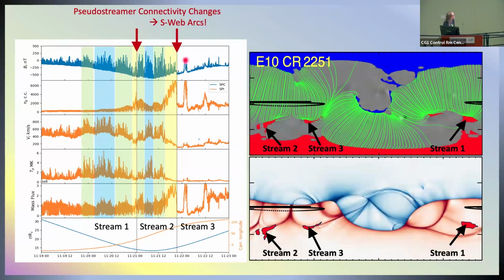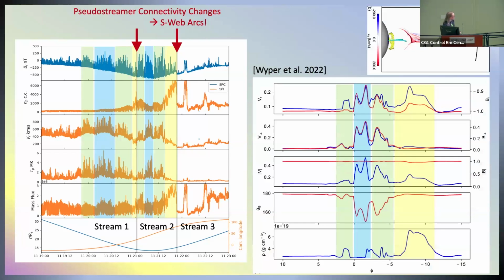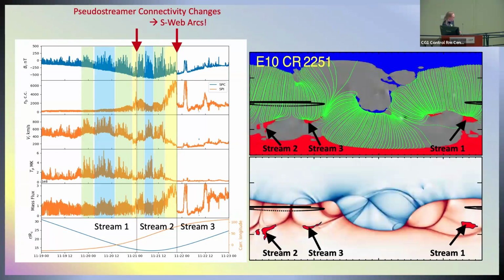And then these switchback things have a ton of velocity structure, mass flux structure. But these two arrows are basically these two S-web arcs, kind of here and here.